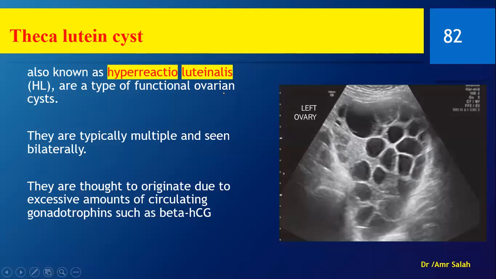Here we have a rather particular case when the patient is having her ovary look as such. Well, this happens when the patient is having what we call a vesicular mole pregnancy.